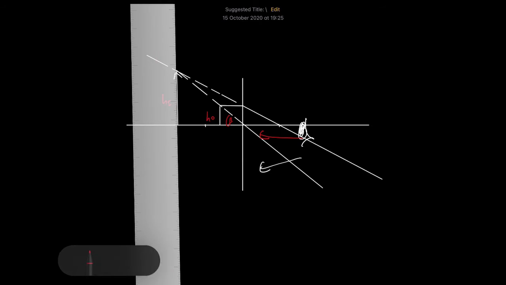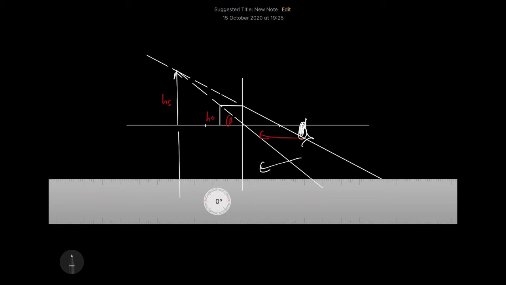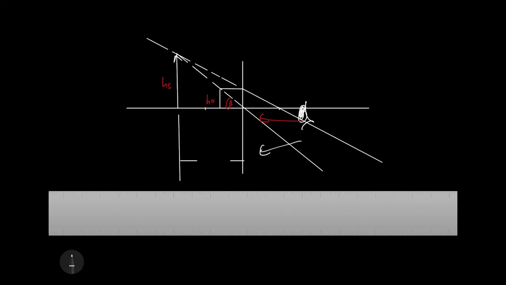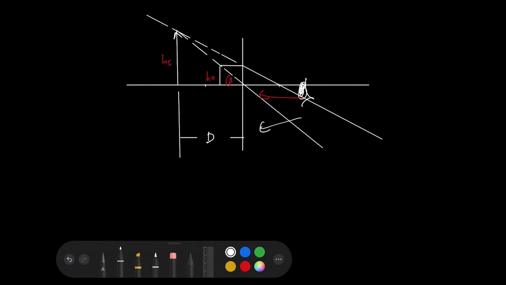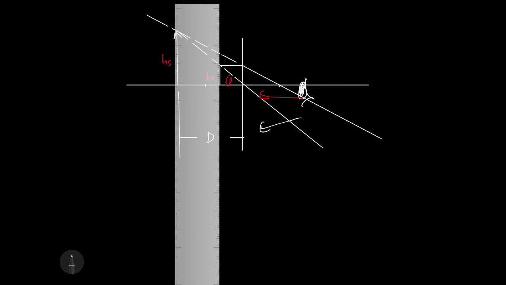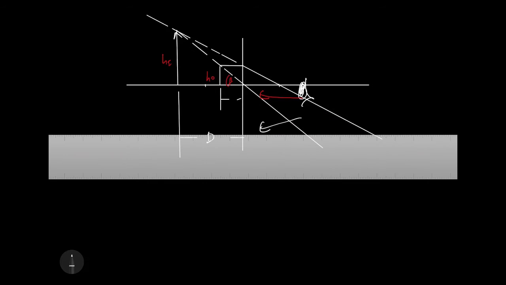And we know that the eye sees best at the least distance of distinct vision. So this distance is d. That means the image distance is d, and this distance is u.